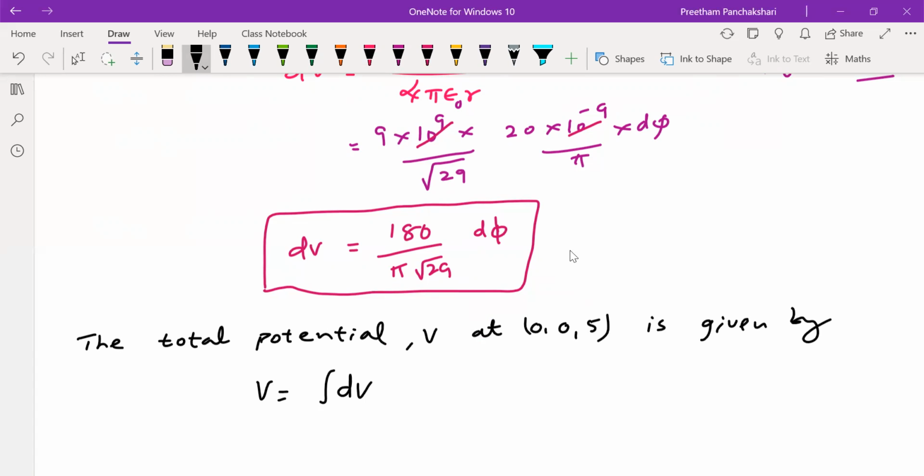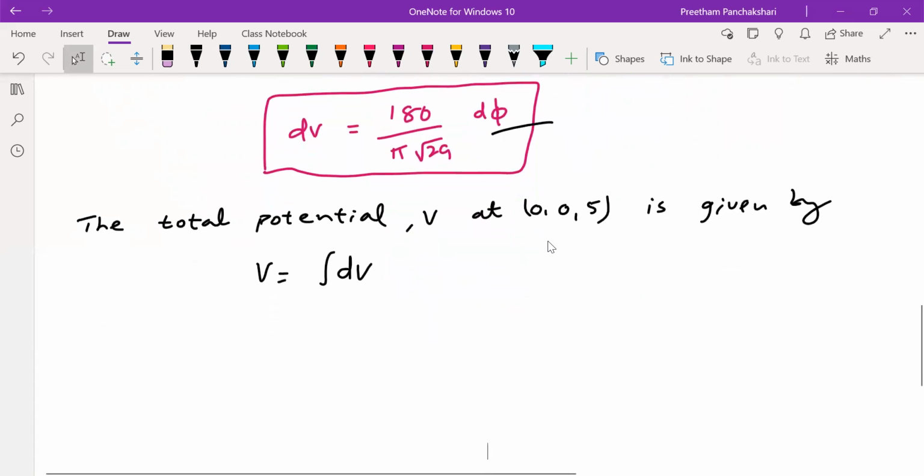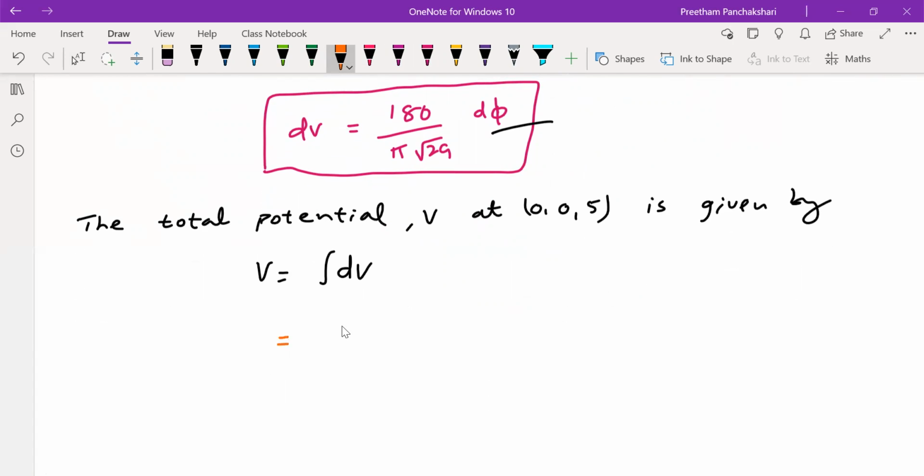This integration is with respect to d phi, a single integration. So in dV, few things are constant. 180 divided by pi root 29 is constant.